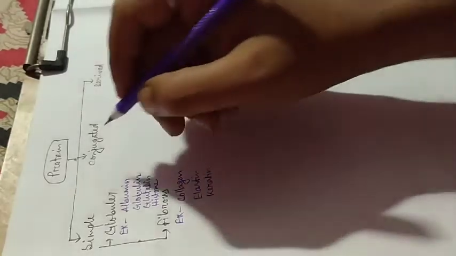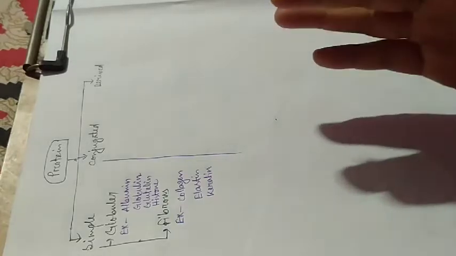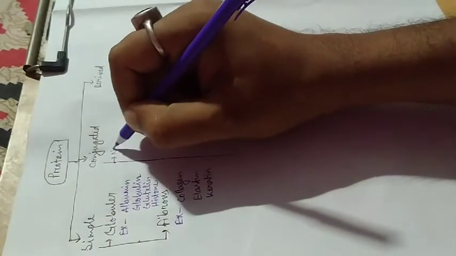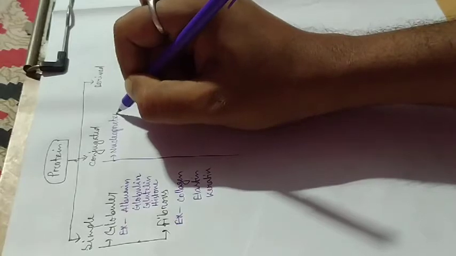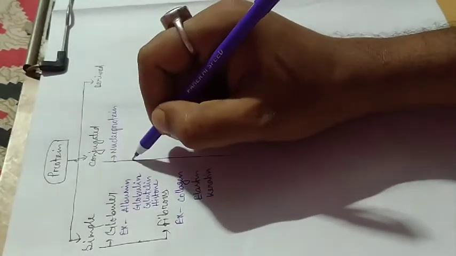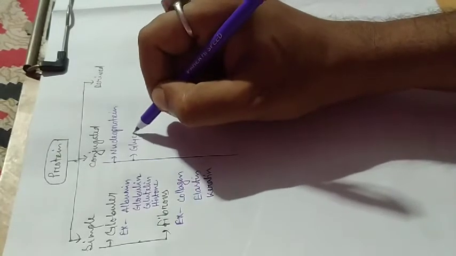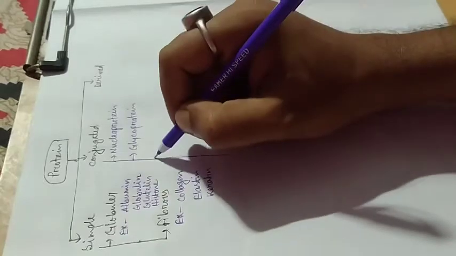Then conjugated protein. Amino acid and other substances are attached to form those proteins, such as nucleoprotein, if the protein is attached with nucleic acid; glycoprotein, if the protein is conjugated with glucose or carbohydrate.